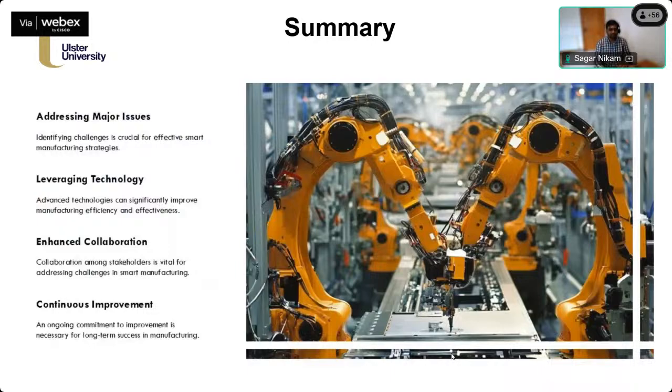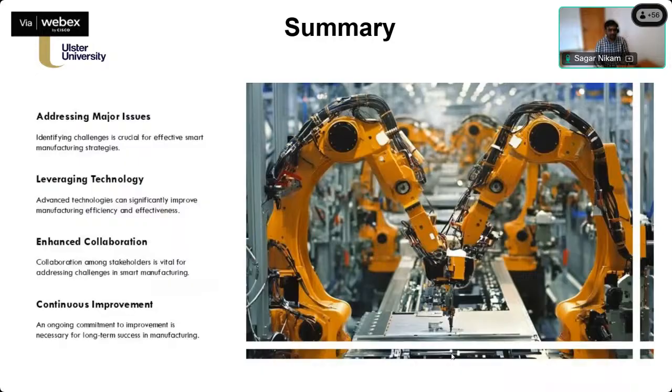In summary, I would like to take you through a few points. It's very important to address major issues. We are talking about smart manufacturing, but smart manufacturing itself is still emerging and it's not a mature field that every manufacturing industry can adopt. So we need to address that.